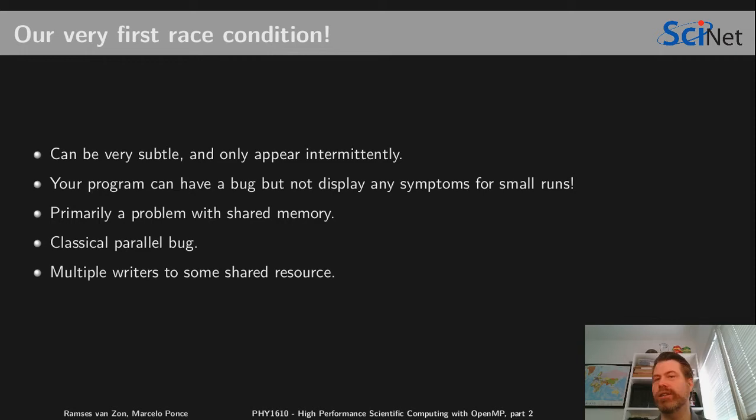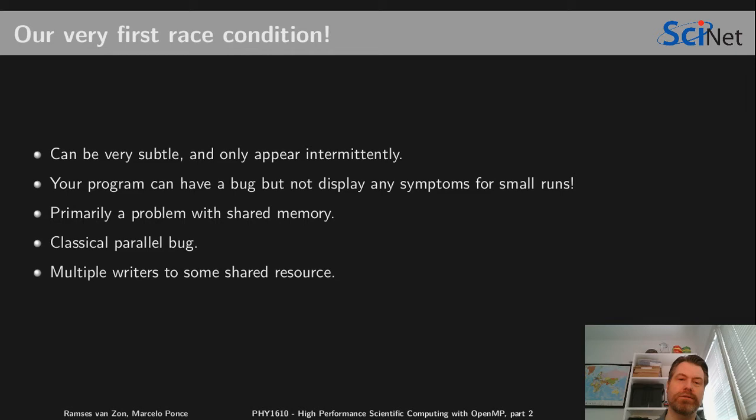So for small runs you won't even see it. It's a typical shared memory bug, a classical parallel bug, and it really comes down to the fact that we have multiple threads writing to the same variable tot. So you have a shared resource, in this case the variable tot, and multiple threads are writing to it.